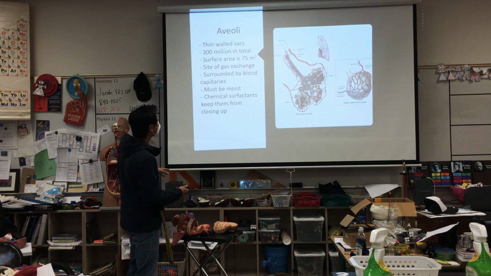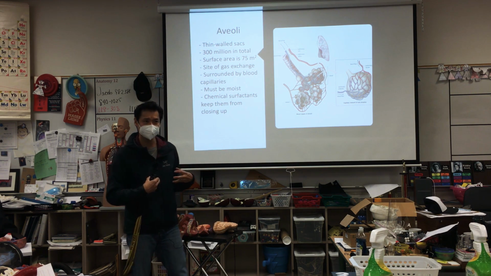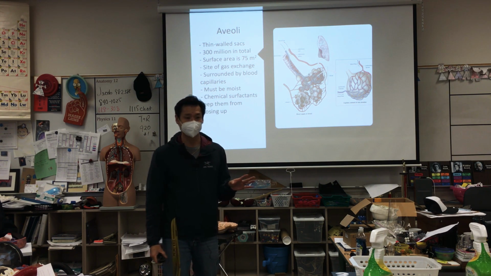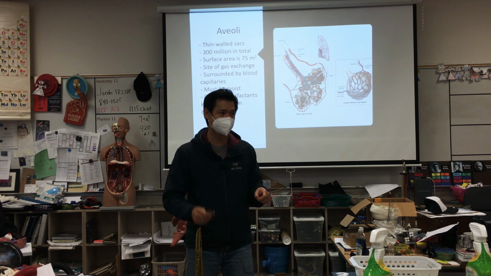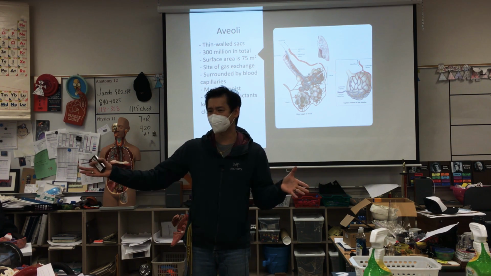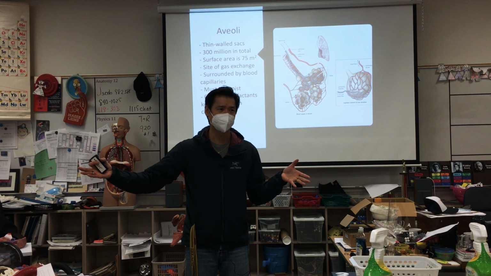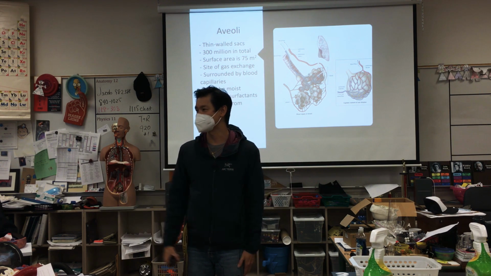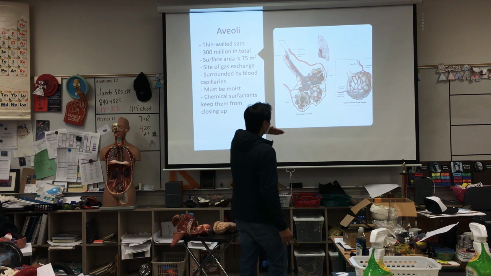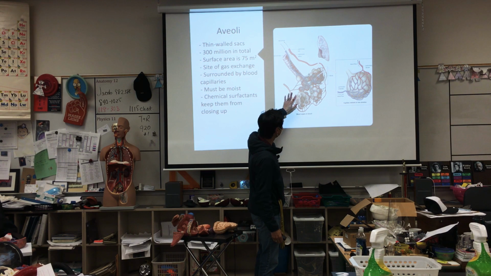You have about 300 million of these bad boys in your lungs, and if you ever played with your food and you peeled grapes, if we peeled all of these grapes, you'd have pretty much an 8 by 8 or a 9 by 9 meter square of space of alveoli skin.